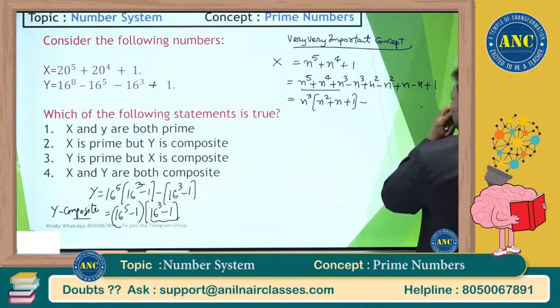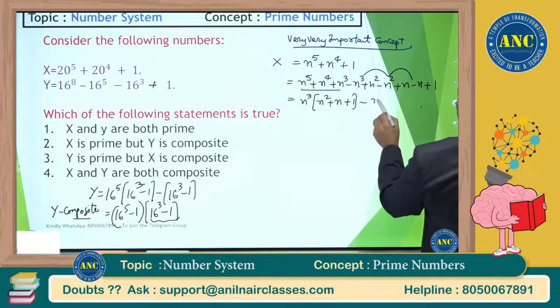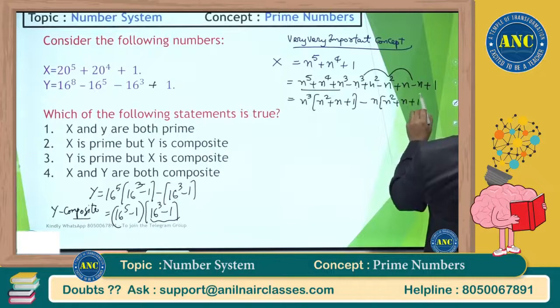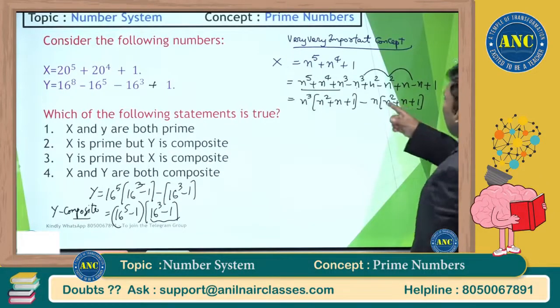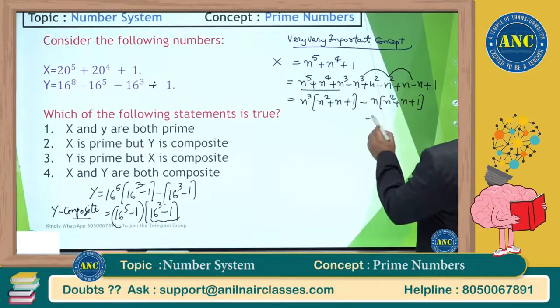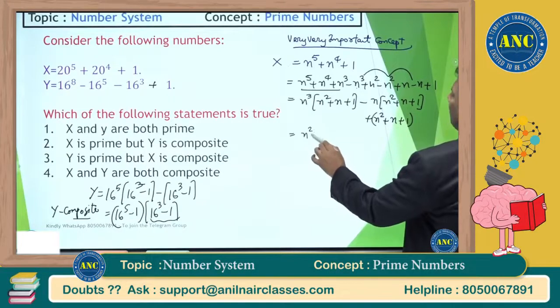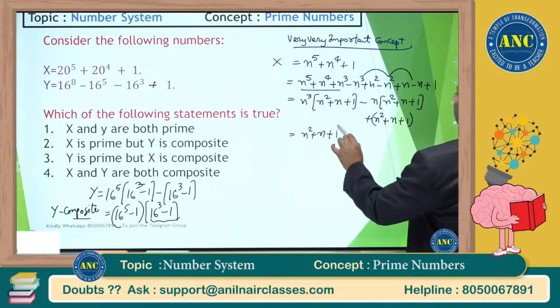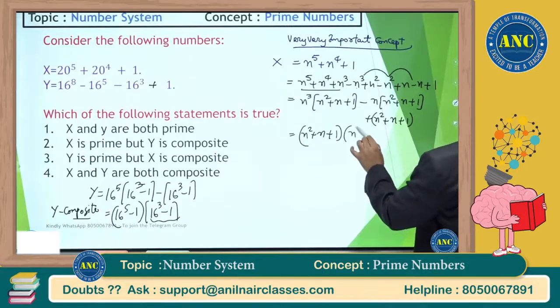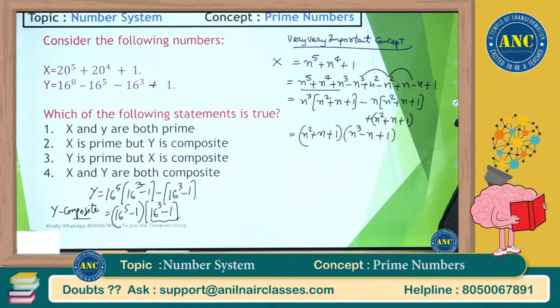From this, if I take n common, n square plus n plus 1. Minus n cube minus n square minus n. What is remaining? Plus n square plus n plus 1. So if I take n square plus n plus 1 common, what is remaining? N cube minus n plus 1.